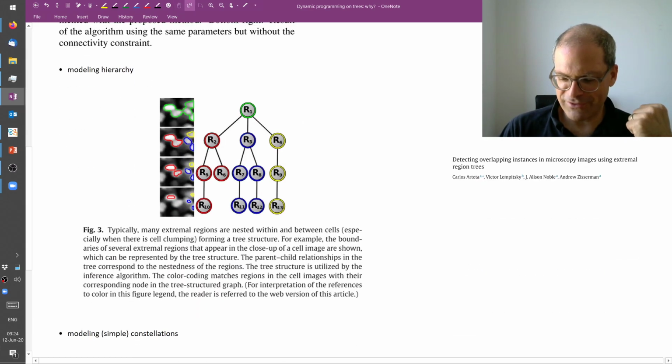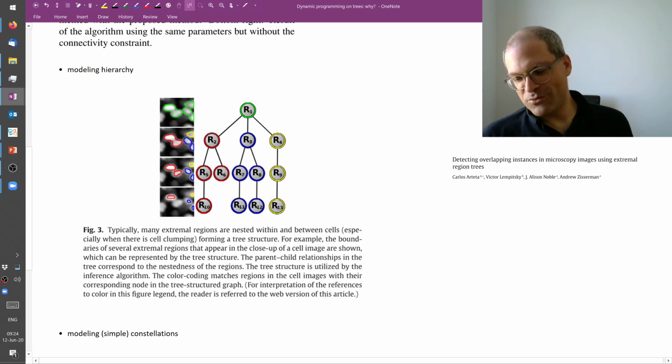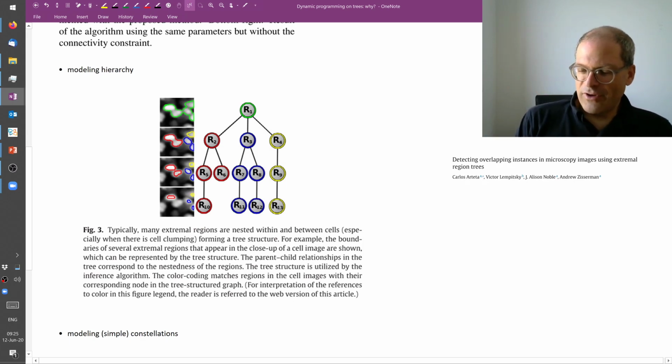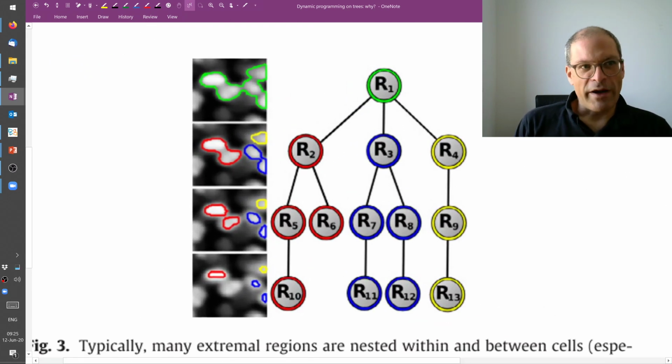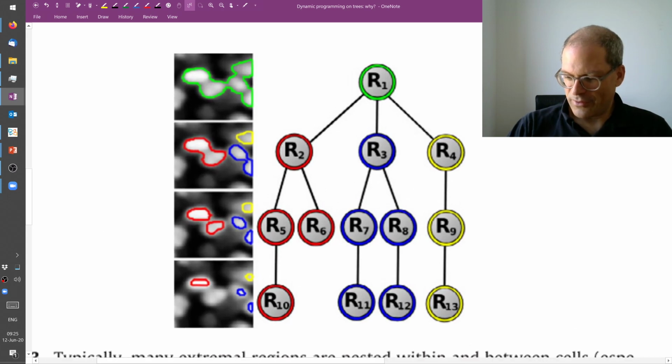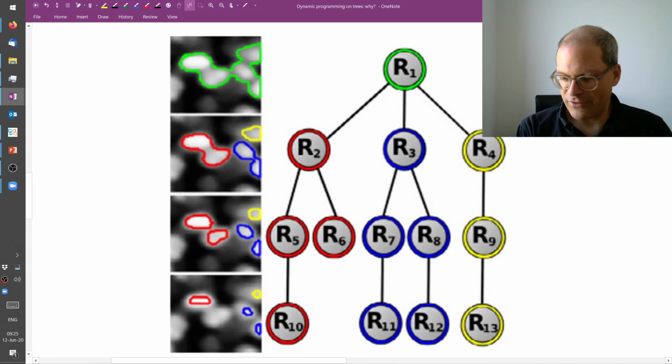Another possible use case is to model hierarchies. So sometimes it is not quite clear what is the best segmentation. So take this microscopy image here.